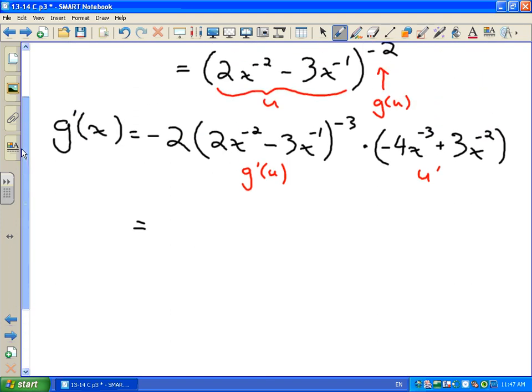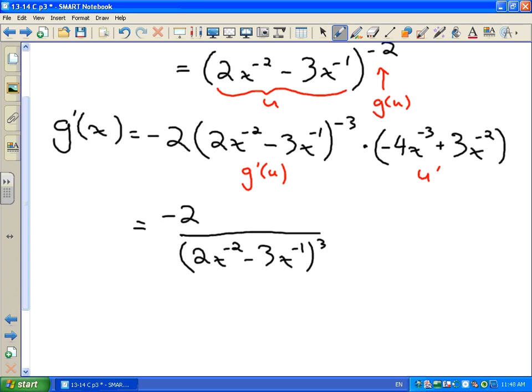We can take this thing with exponent negative 3 and bring it down into the denominator: 2x to the negative 2 minus 3x to the negative 1, all to the exponent 3. And up in the numerator, we're going to have negative 2 times negative 4x to the negative 3 plus 3x to the negative 2.